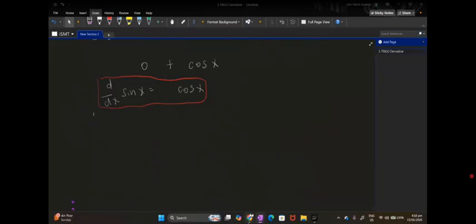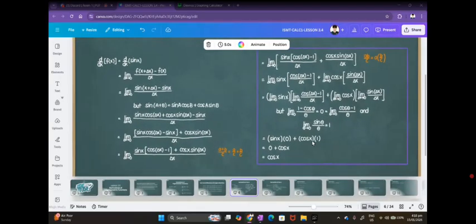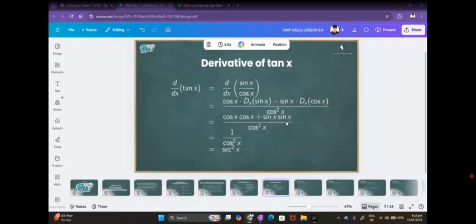Diretso na po tayo sa other trigonometric functions. Same lang po siya ang formula if gusto niyo pong i-check. Then after that, let's head on to the derivative of tangent.